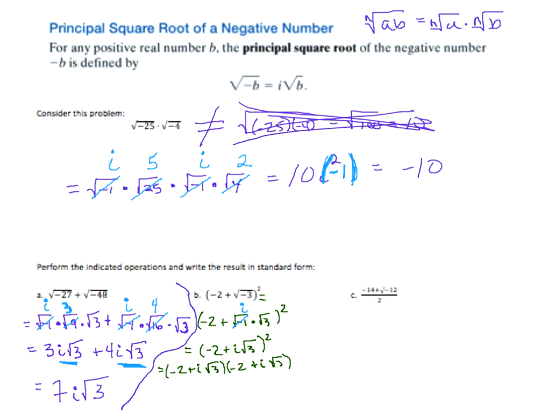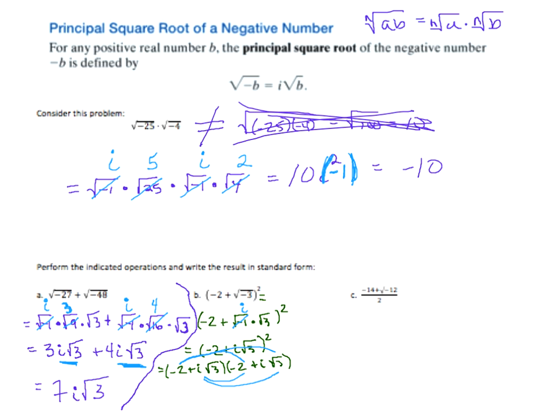So I'll show the distribution that I'm going to do. -2 times -2, -2 times i square root 3, i square root 3 times -2, and i square root 3 times i square root 3.